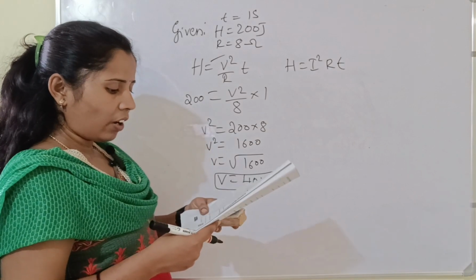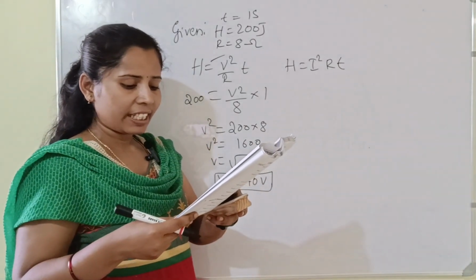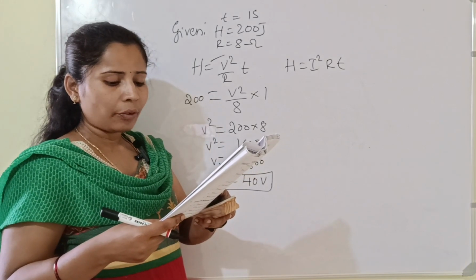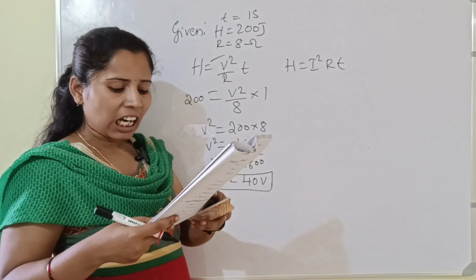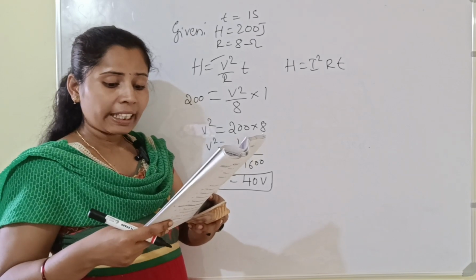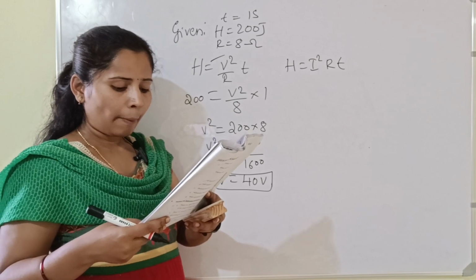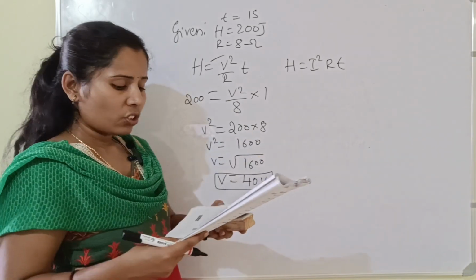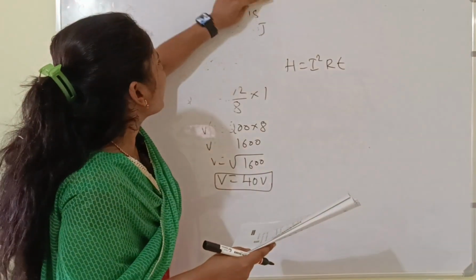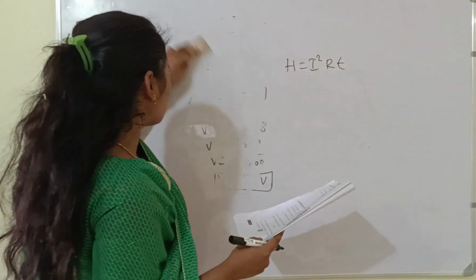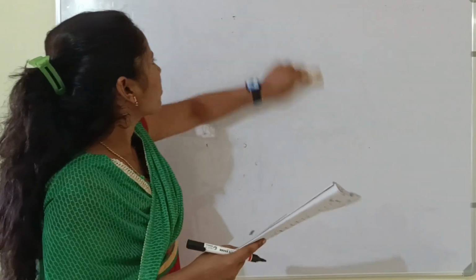In this only we have an optional question: an electric refrigerator rated 300 watt operates 6 hours in a day. What is the cost of the energy to operate it for 30 days at 7 rupees per kilowatt hour? So this is an expected question. Most of the time they have asked it. So for this, again we have to go for the formula.